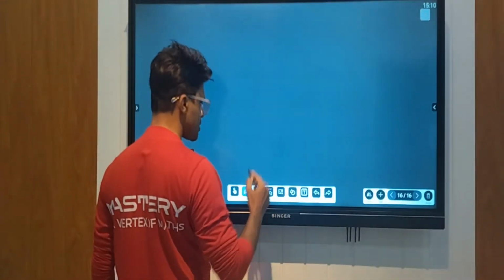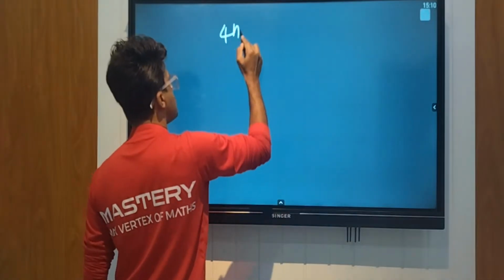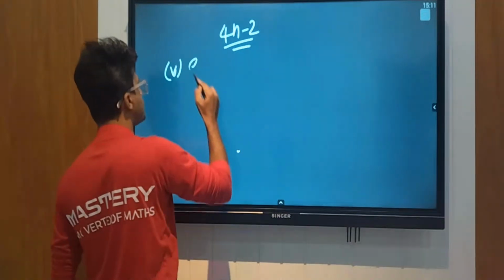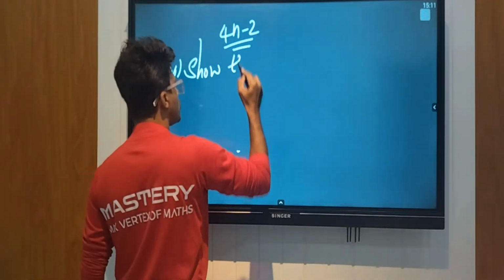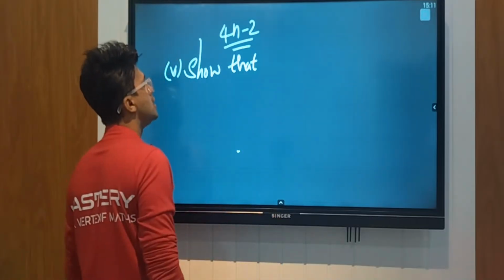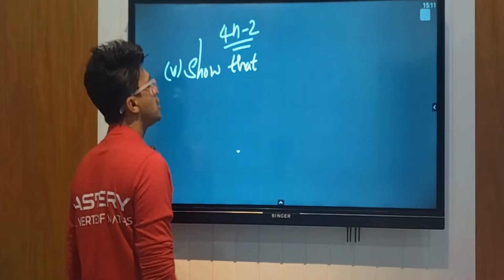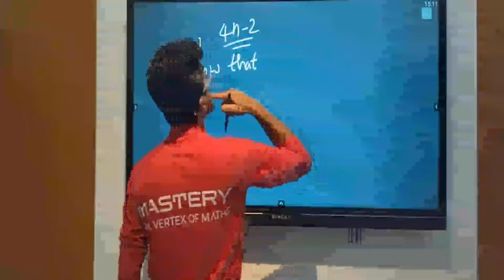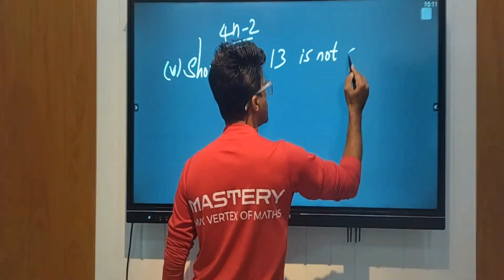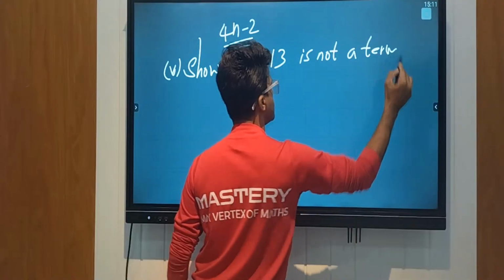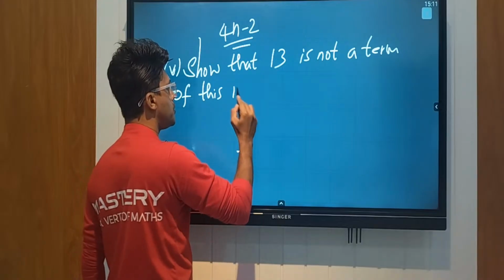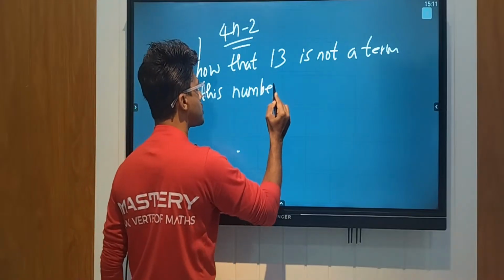The fifth question says show that 13 is not a term of this number pattern.